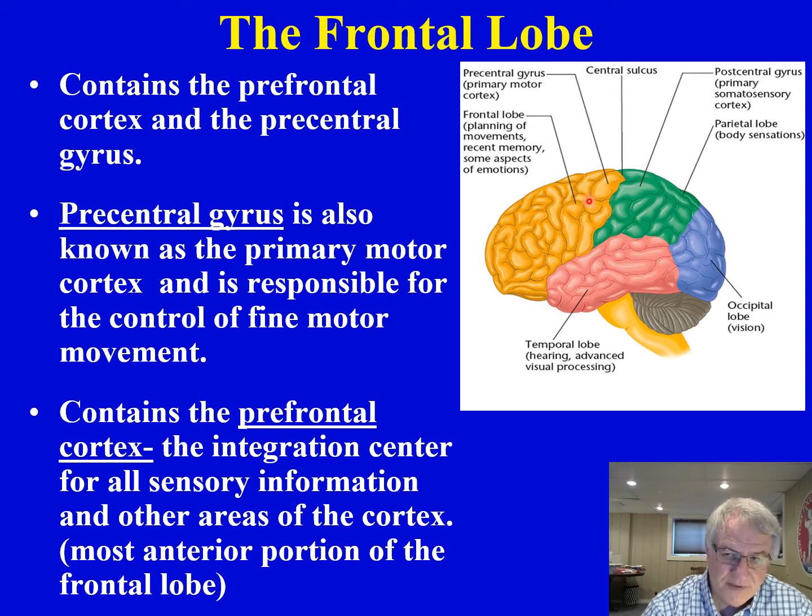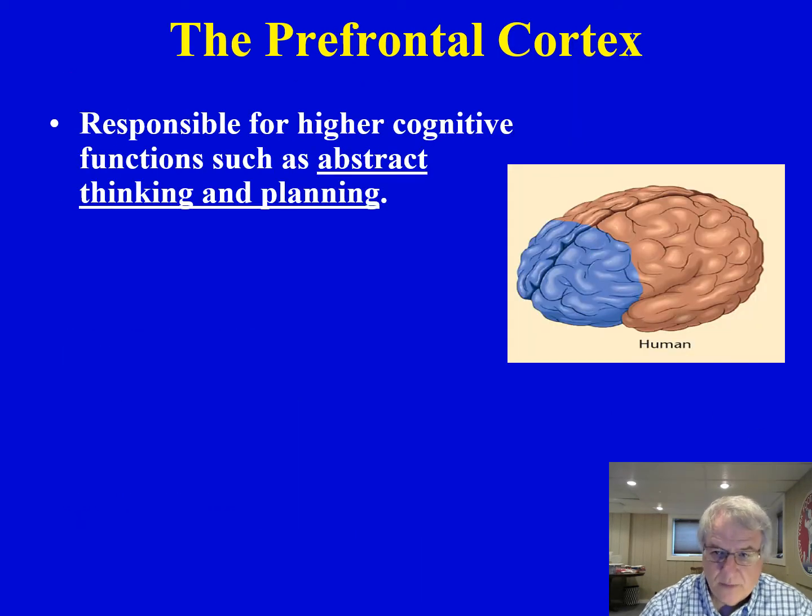And this is an integration area in terms of sensory information, and indeed the prefrontal cortical area of the brain is critically involved in higher cognitive processing. So our prefrontal cortical area here is about what it looks like in terms of the amount of it that we see in the case of the human being. It's responsible for these higher cognitive functions.